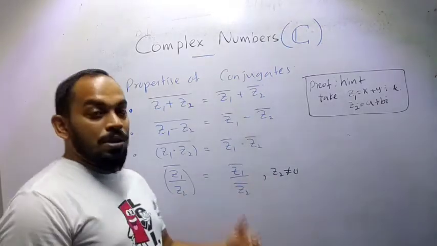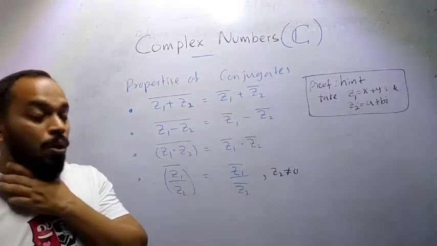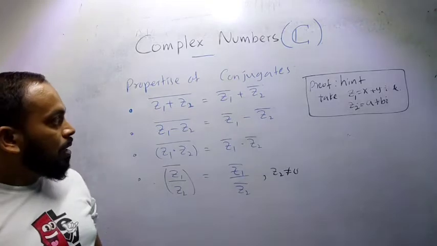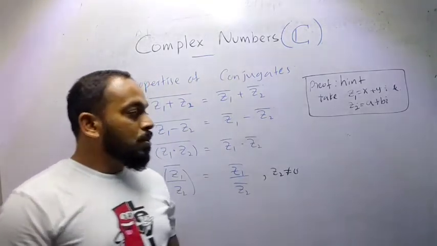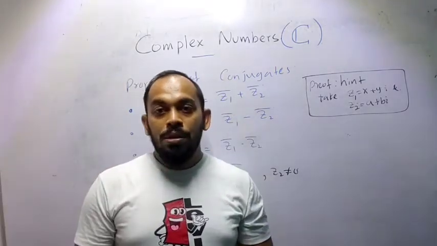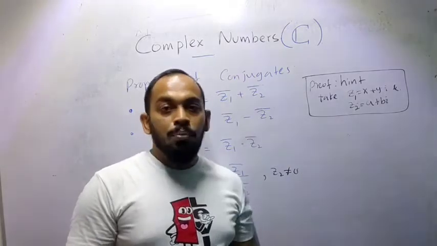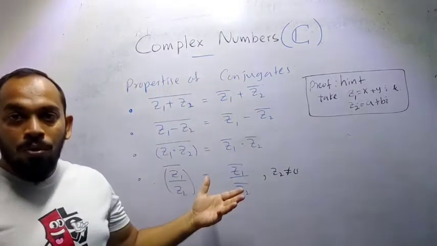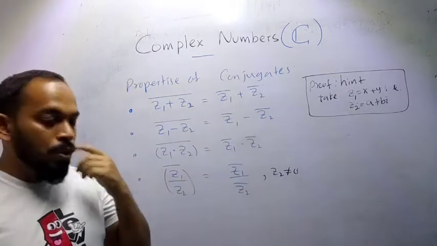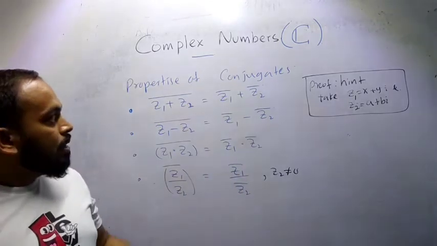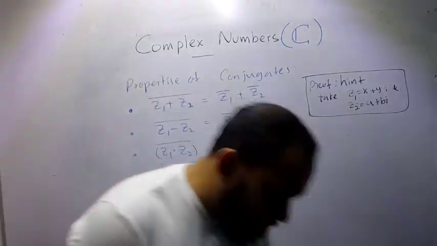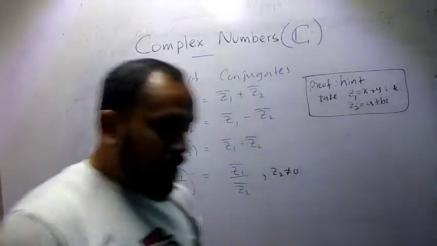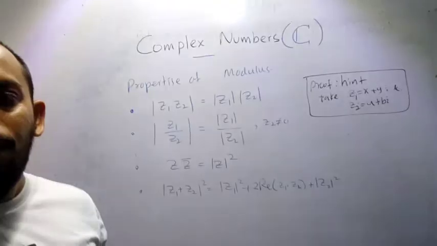If this is equal to 0, this would really blow up, right? So these are some of the properties. Based on this, we'll do more questions, and before that, we'll do the proof of these properties. So try this on your own before you join the class. Okay.